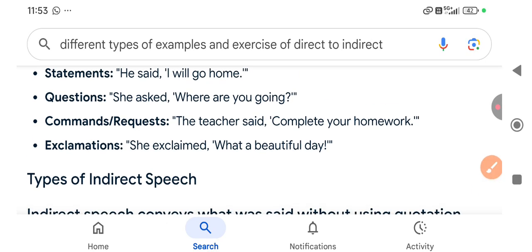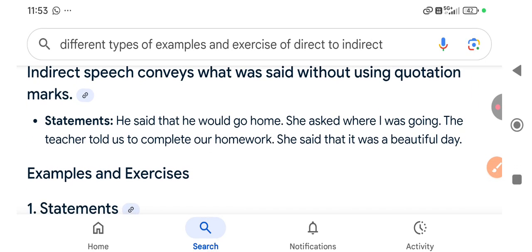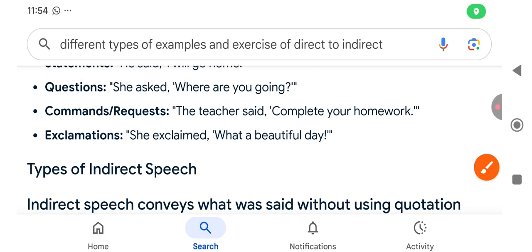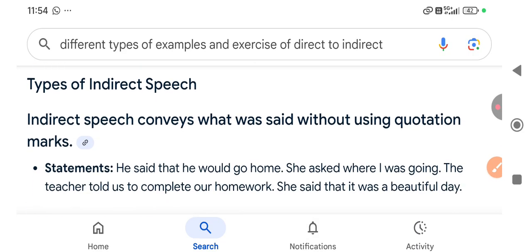He said, I will go home. So he said, this is the answer: he said that he would go home. So will becomes would, right? Then the next question is, she asked, where are you going?